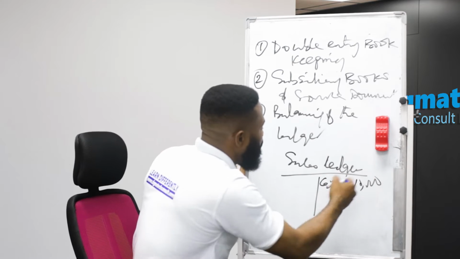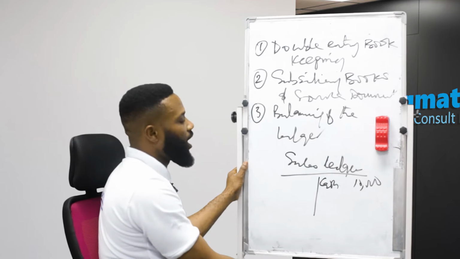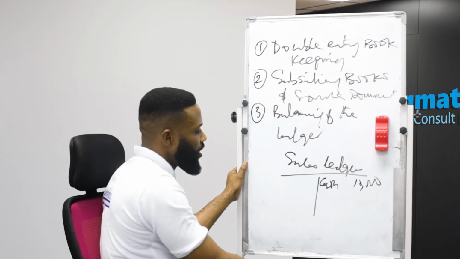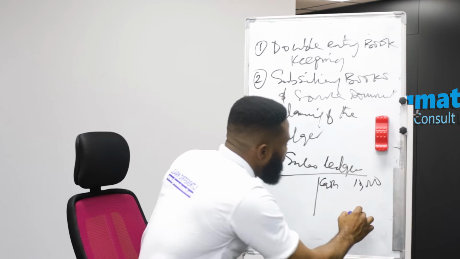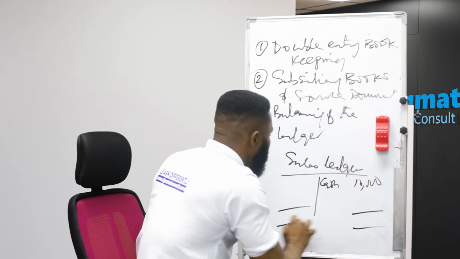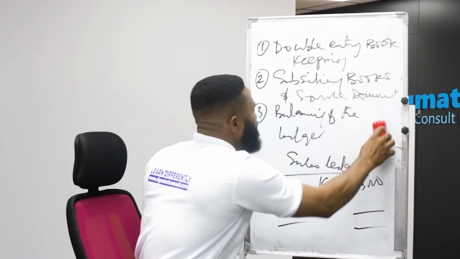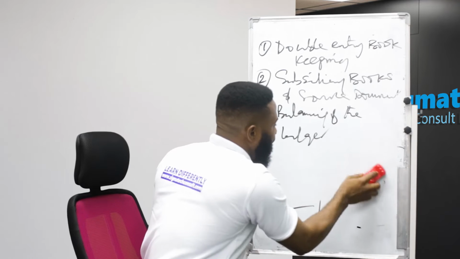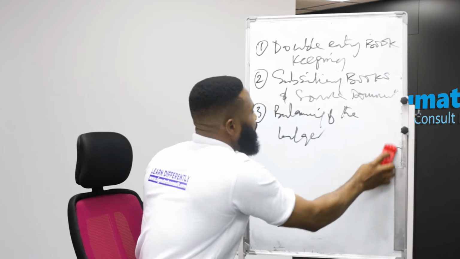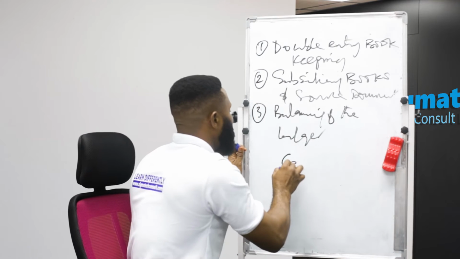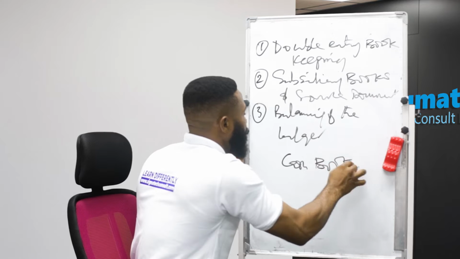This is cash. Okay, if I want to balance this ledger account, how do I balance this? You know that this is what we call balancing of the ledger account. Or better still, let me use a very practical account. Let's leave sales. Let's use the cash book. I have a cash book here.